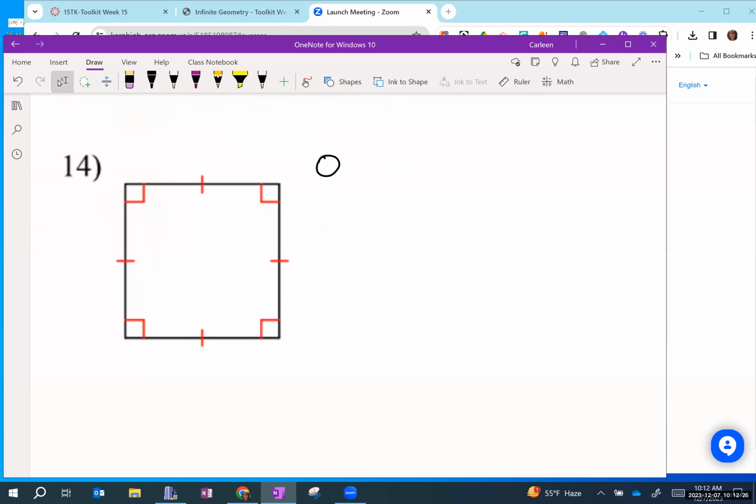Okay, I know this is a quadrilateral. I see that it has 4 congruent sides and 4 right angles. So 4 congruent sides.